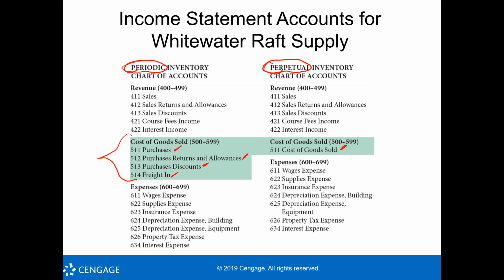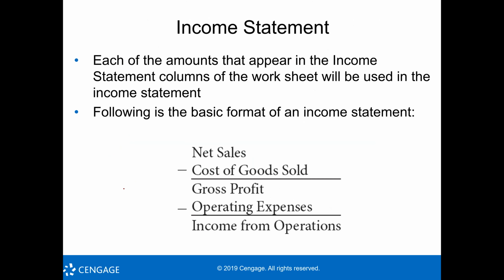So in the perpetual system, we use merchandise inventory to record all of these things. We've seen that before, and we're going to get some more practice with it.